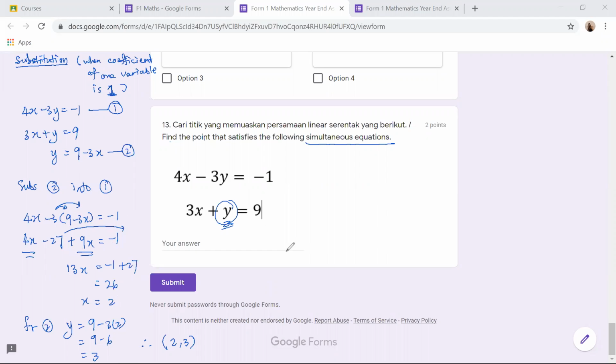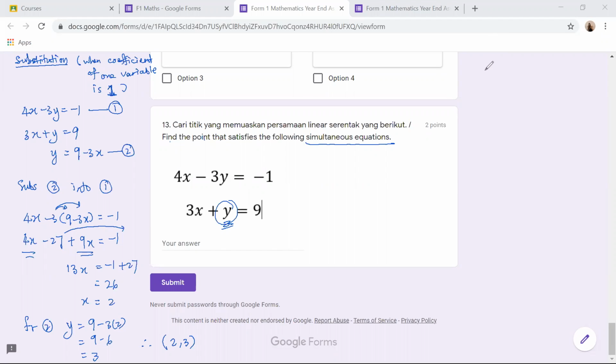The answer that I gave was negative 3, 15. Something is wrong here. Put 9 minus 3x in, 4x equals to negative 1.